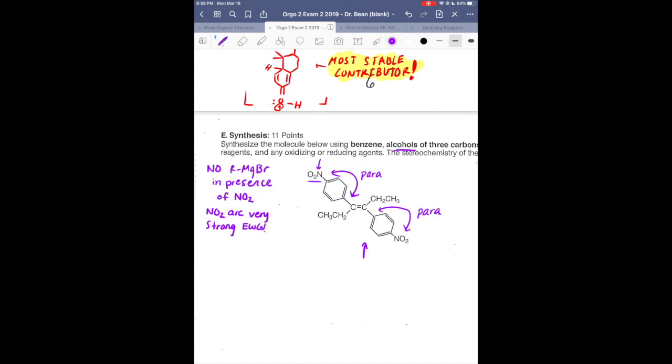Like here, we see a nitro group that is para to a group that would be ortho-para directing, right? And you also see another one down here. So that is really convenient for you, hopefully, that you can add the nitro group as your last step in the process. So what do you use in order to add a nitro group via an EAS reaction? What should be your reagent on the arrow?